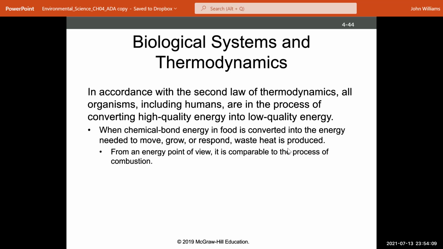So that heat is a waste that is produced, and from just a general energy standpoint, we can pretty much compare that to the process of combustion, where we burn gas, break the bonds, and release heat due to that chemical reaction.